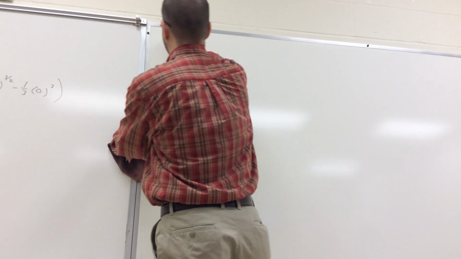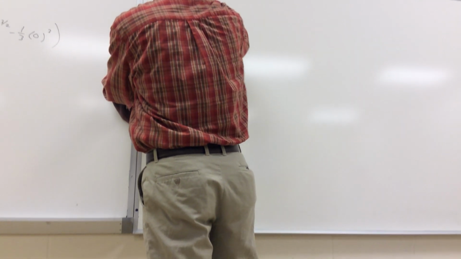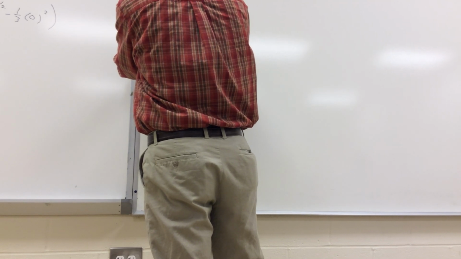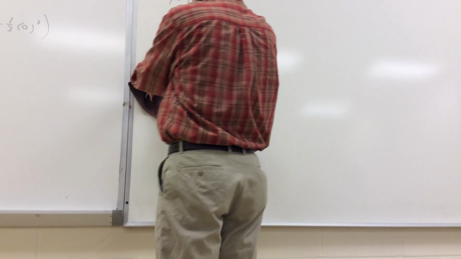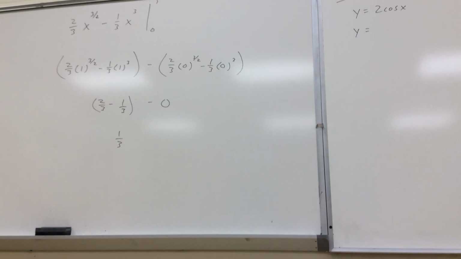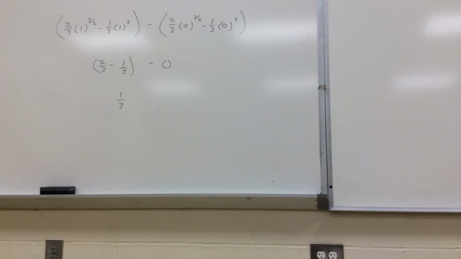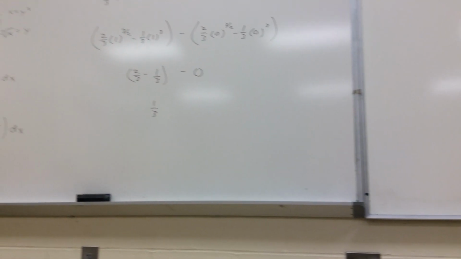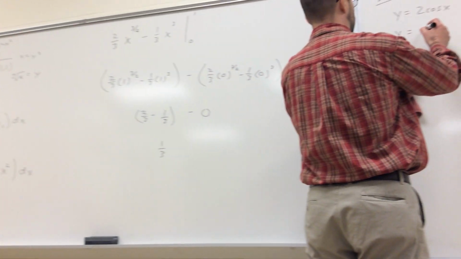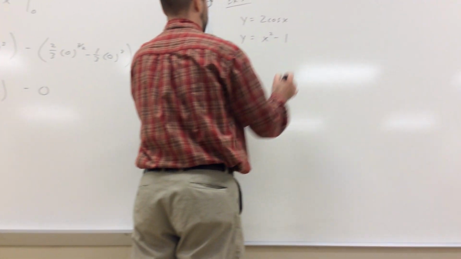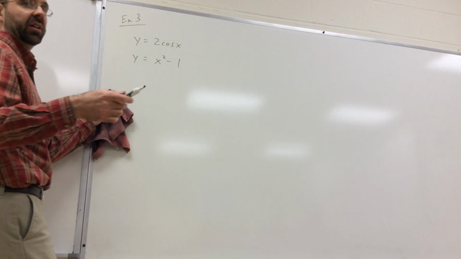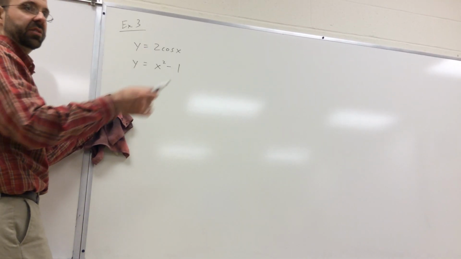So we're at example 3 here. And the curves are y equals 2 cosine of x, and y equals, I think it's x squared minus 1, but I better double check. And we're finding the area of the region enclosed by these curves.